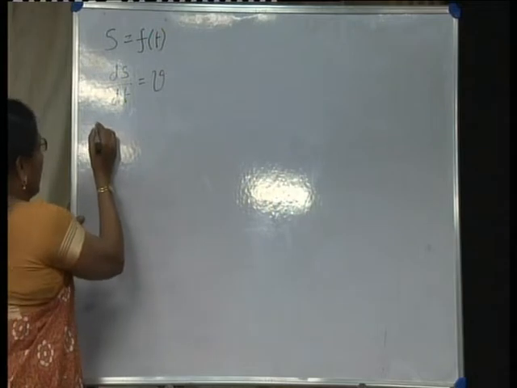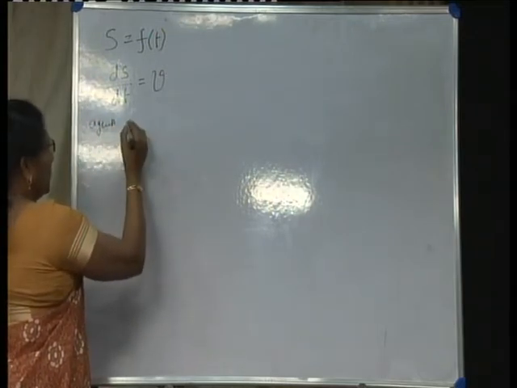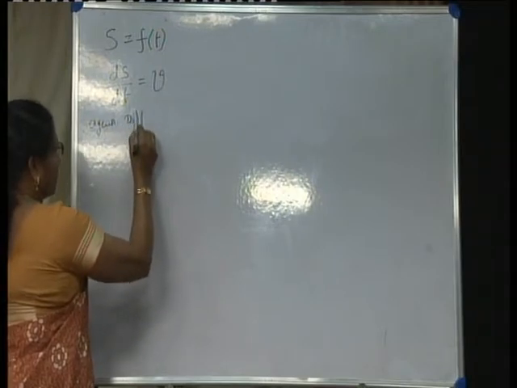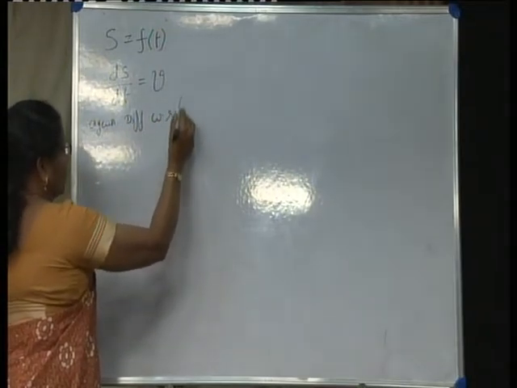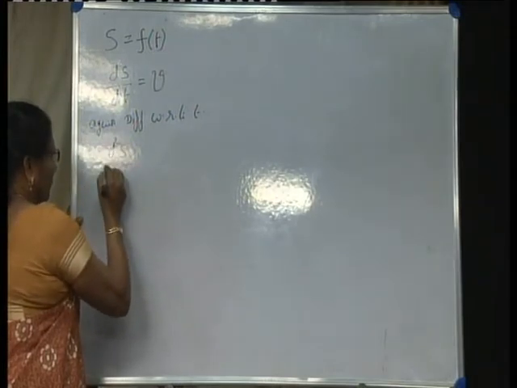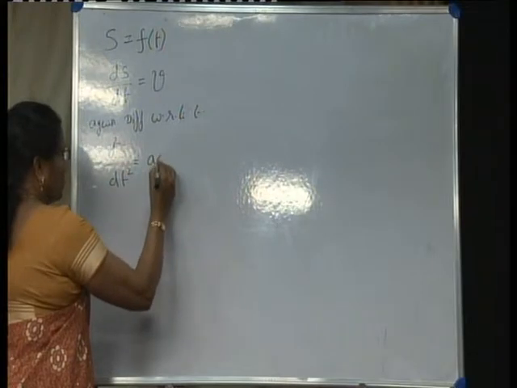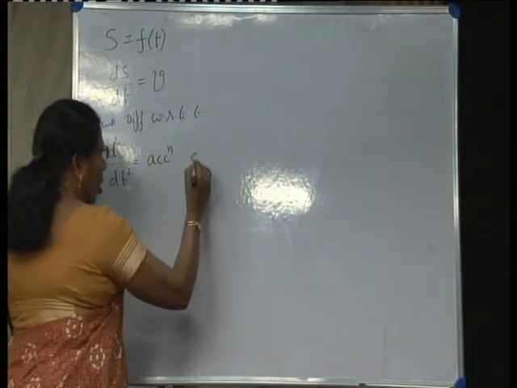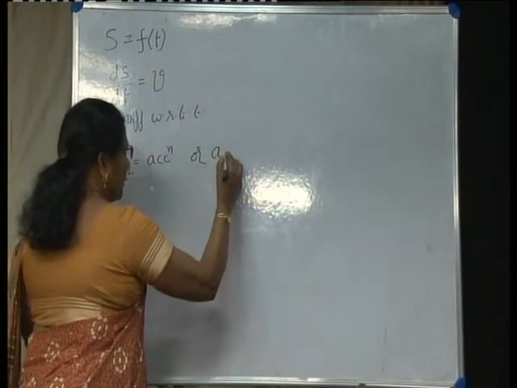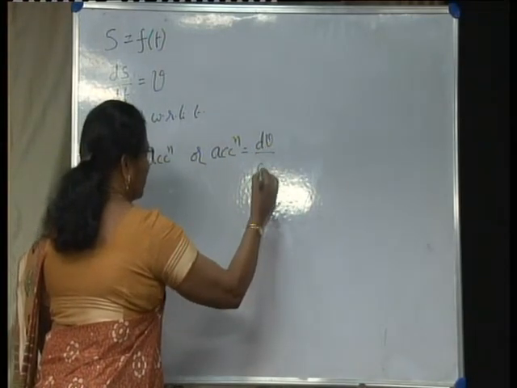If we differentiate again with respect to t, d squared s by dt squared is equal to acceleration, or acceleration is equal to dv by dt.